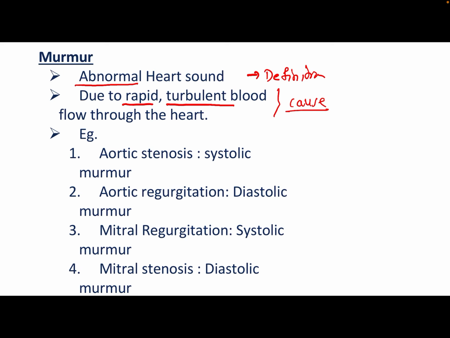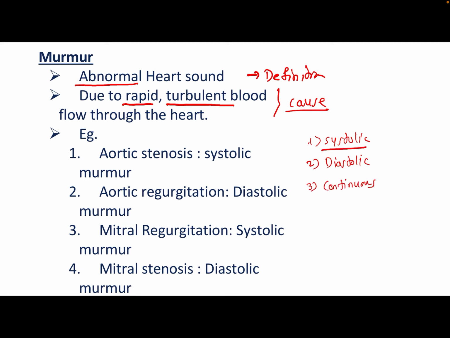Now there are basically three types of murmur. One is systolic, during systole. Second is diastolic, during diastole. And third is continuous.